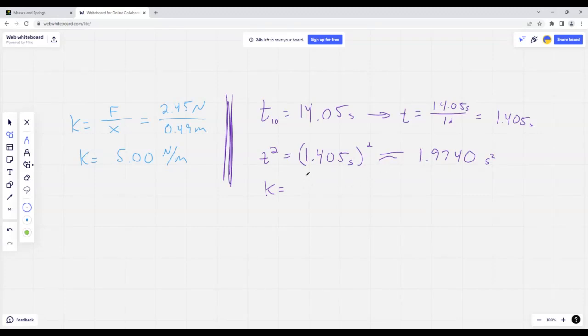So from our earlier mass constant, we've got 9.8696 kilograms that goes along with the 250 gram mass converted around and using all of our special numbers, and then dividing by our time squared that we calculated, we get, remember, kilograms per second squared, which are equivalent to newtons per meter. We get 4.99979. So really, really close to just 5 newtons per meter, which is great because they match each other.